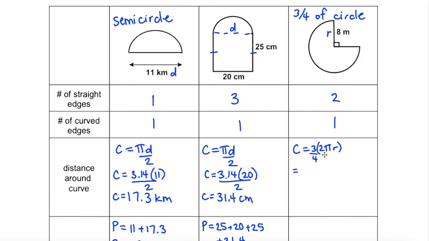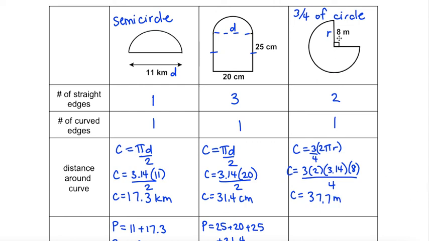So you can think about this as one giant fraction. So the circumference is 3 times 2 times 3.14 times my radius, which is 8, all divided by 4. So follow BEDMAS. So do all my multiplication on the numerator first. So 3 times 2 times 3.14 times 8 gives you 150.72. Divide that by 4, gives you 37.7 when I round to one decimal place, and my units are meters.